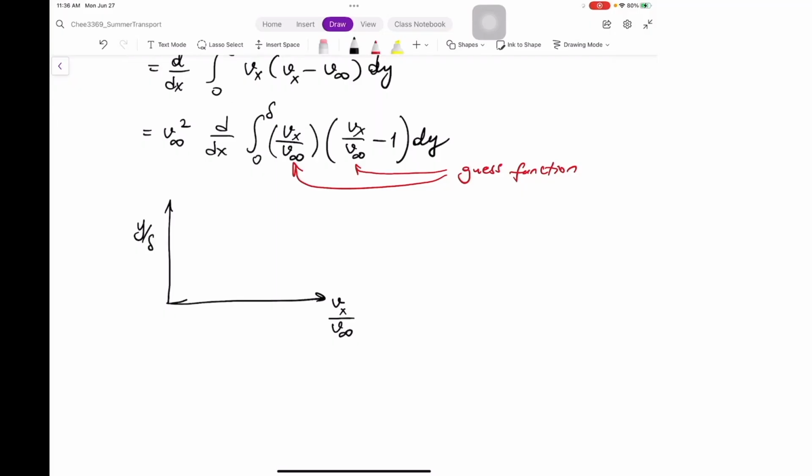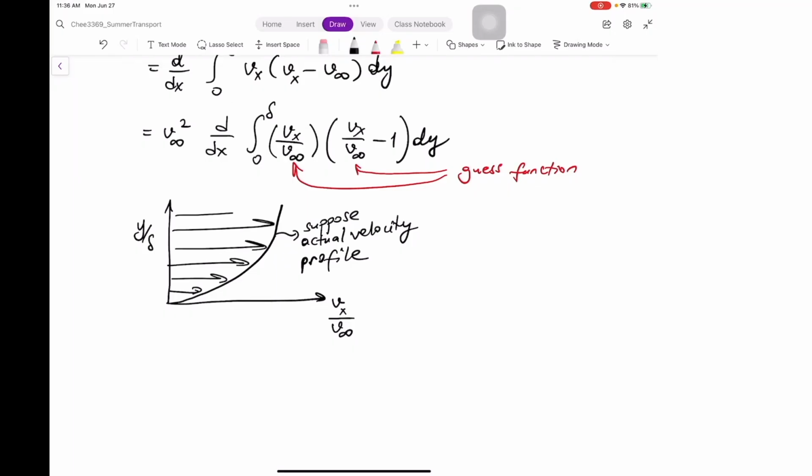Imagine that you have this actual velocity profile. Suppose this is the actual velocity profile. This is the y-axis, right? So basically, the profiles look like this, right? As you have seen in the fluid mechanics course. But you can assume a coarser one instead, like this.